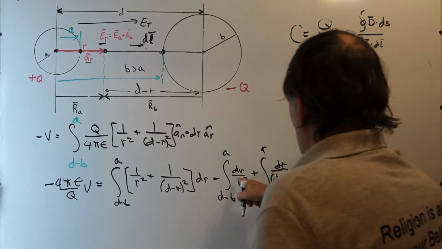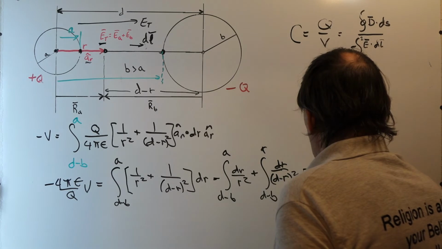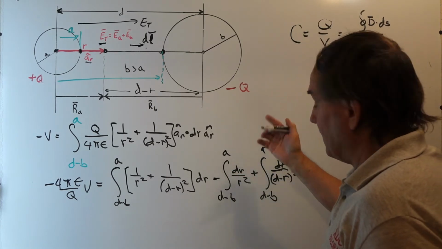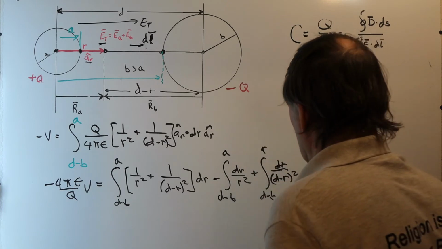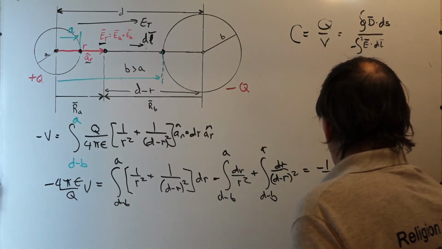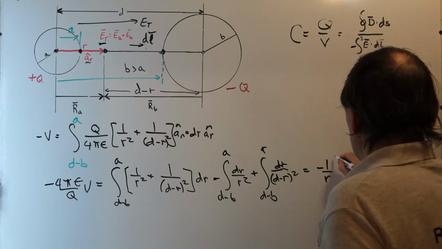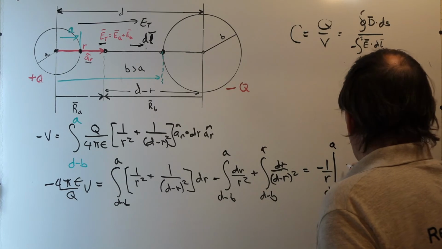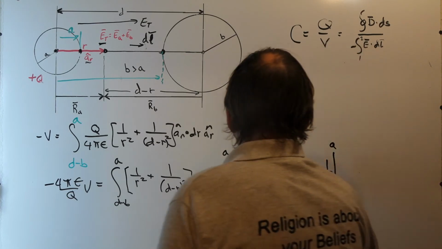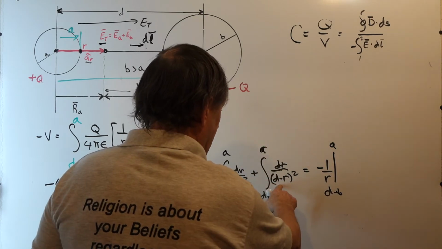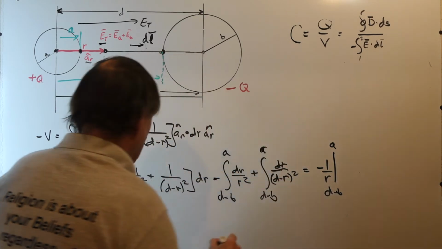Now the first integral, we just recognize that as r to the minus 2, and integrating that, we raise it a power, divide by the power, so this becomes minus 1 over r evaluated from d minus b to a, and then we have this integral, but we make a variable substitution.